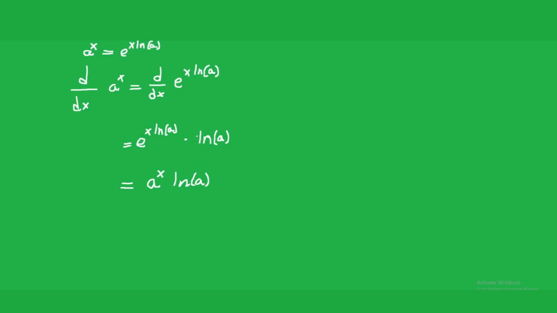So let's say we want to find the derivative of, I don't know, 7 to the x. We know that the derivative of this, d over dx of 7 to the x, according to this, is going to be 7 to the x times the natural log of 7.